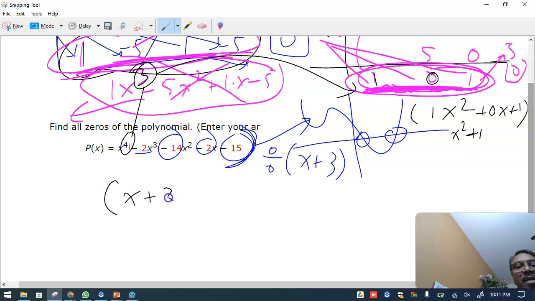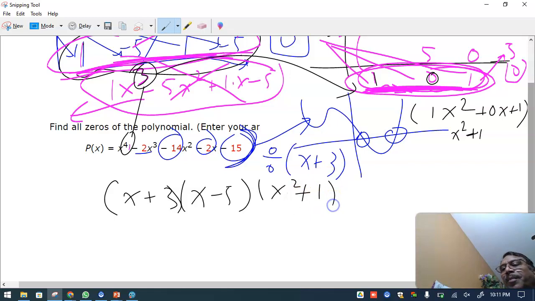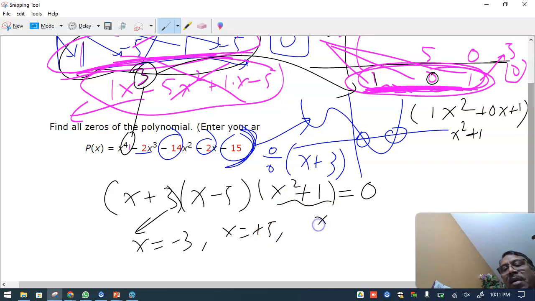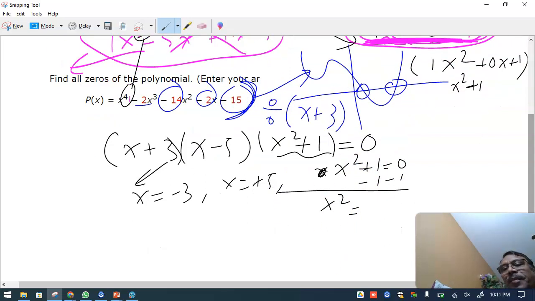So x plus 3, remember, and that was x minus 5. Now you got x squared plus 1. If I want to know when this is going to be 0, of course, we already got minus 3 and plus 5, and now I have to make this a 0 of x. So x squared plus 1 is 0. Then subtract this, and you get x squared equals minus 1, and x becomes plus or minus the square root of minus 1.